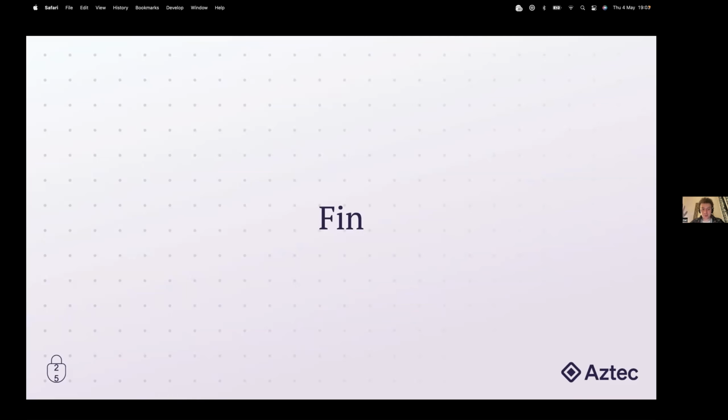So yeah, that's the Goblin PLonK. Lazy recursive proof composition. Thanks folks for following along, and very happy to answer any questions folks have.